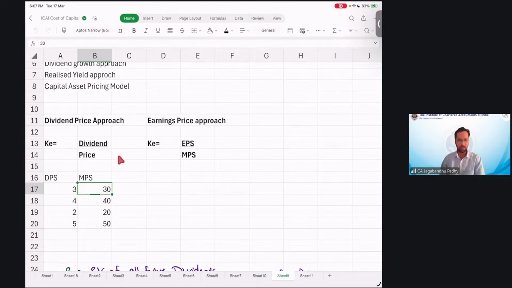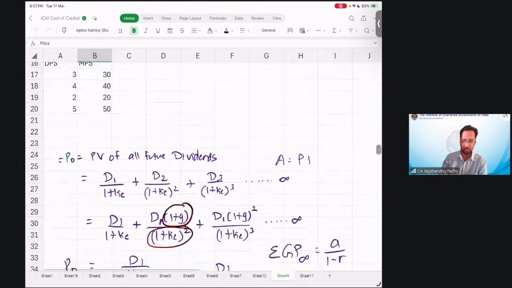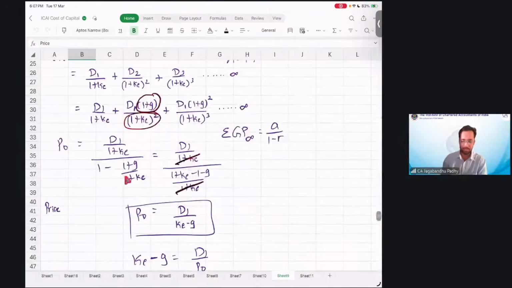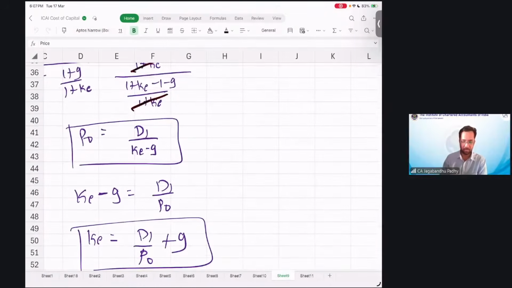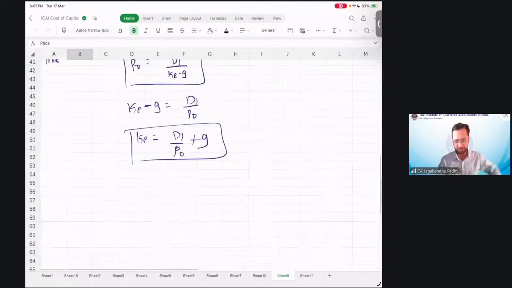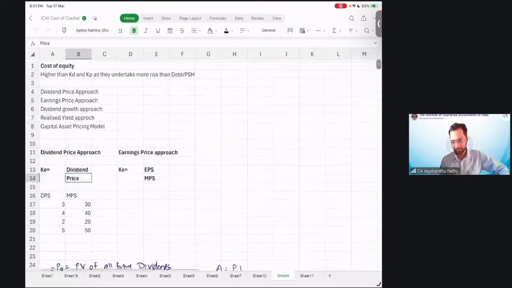And cost of equity in earnings price approach is EPS upon MPS. And when we have a constant growth rate, then we see that P0 is D1 upon KE minus G, right? So definitely KE is going to be D1 upon P0 plus G, right?